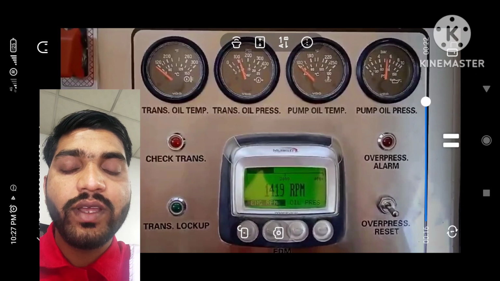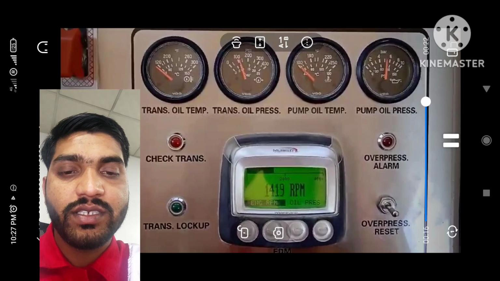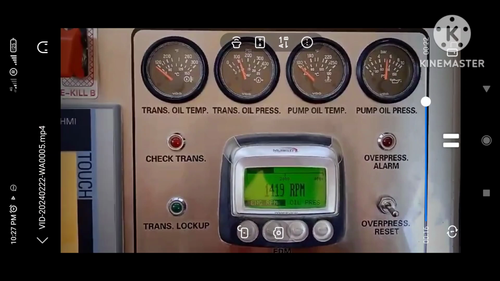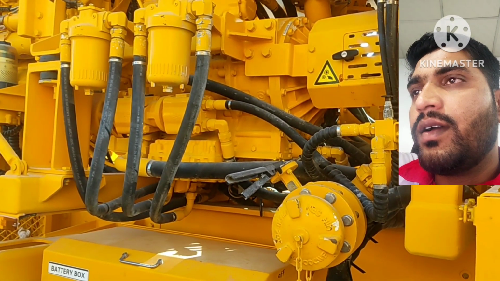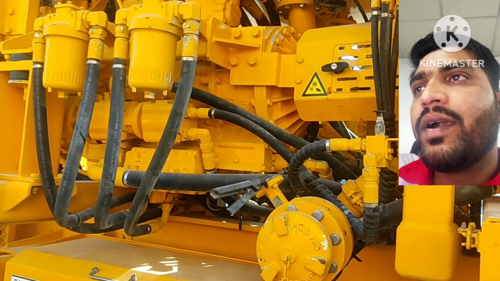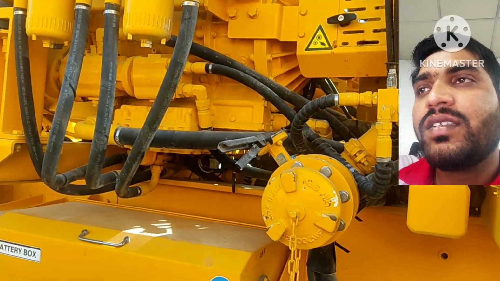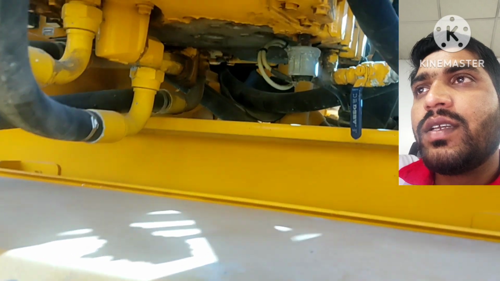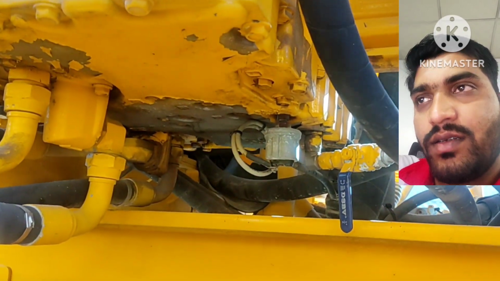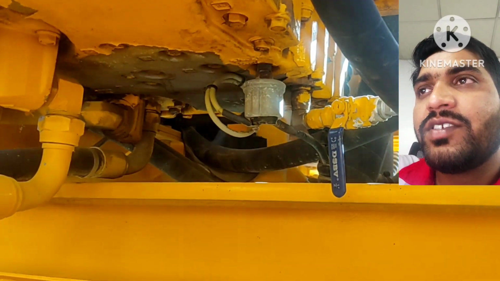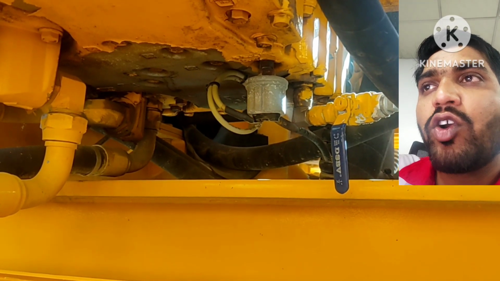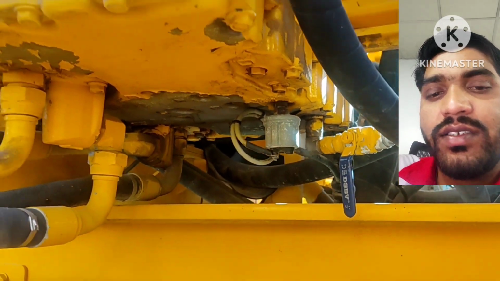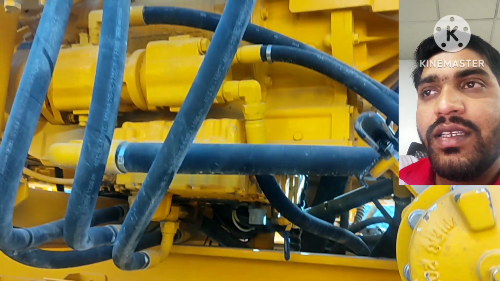So how did we fix this? It is in the next segment of this video tutorial. Here is the transmission of that engine installed in this fluid pump, and here we have the pressure sensor which senses the transmission pressure and is installed at the bottom of the transmission section.